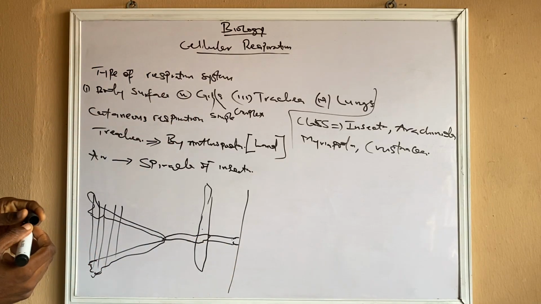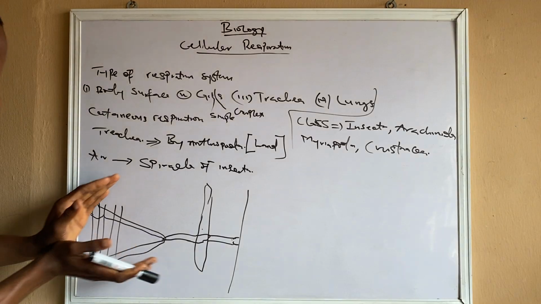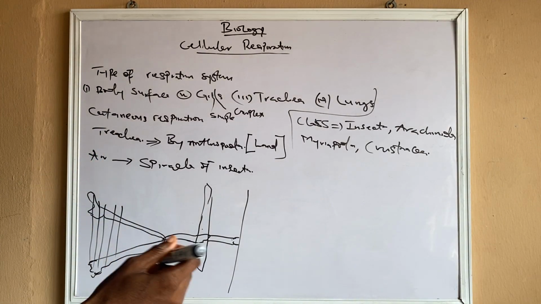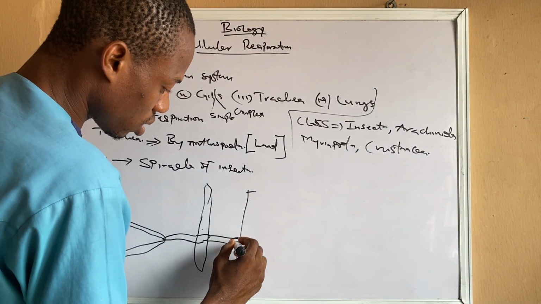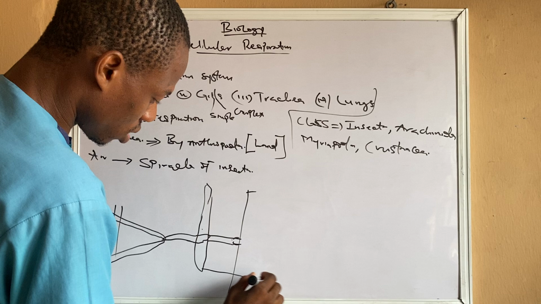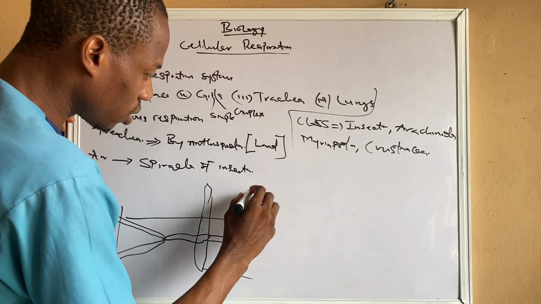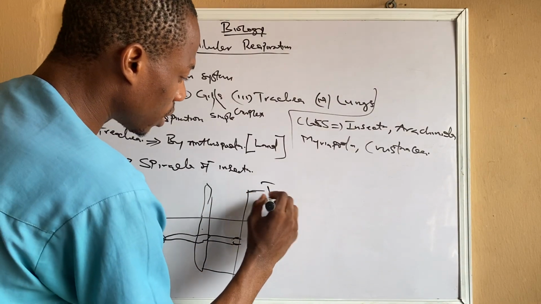Let's assume this is a small diagram of the trachea system, because in every biology there must be a diagram. This is the integument.